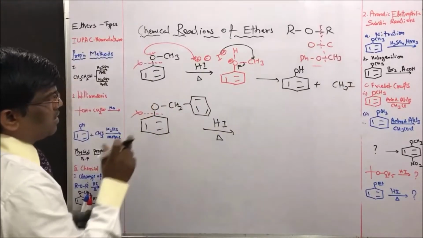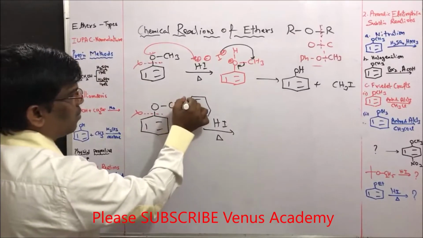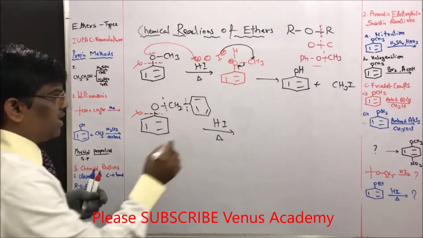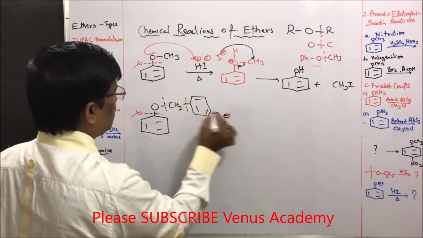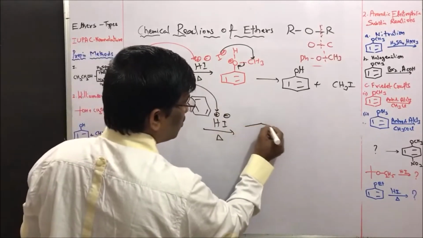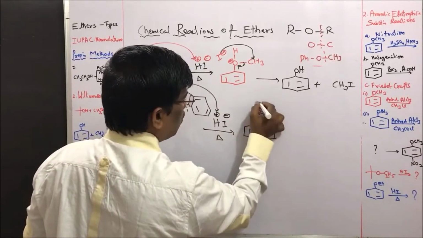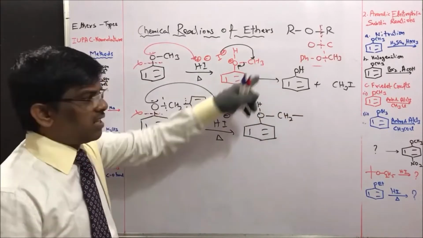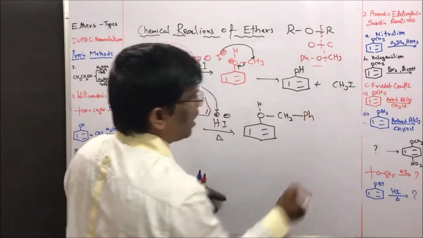When it comes to this one, is it going to break here, here or here? What is your choice? It is very simple, students. Let's protonate this oxygen to give the intermediate O hydrogen and CH2; in the previous example it was CH3, here just write it as phenyl group.